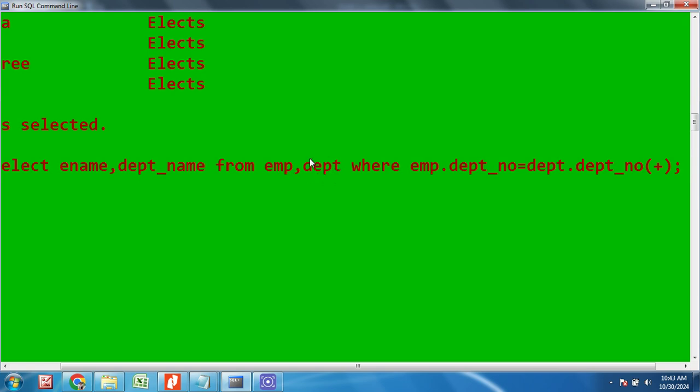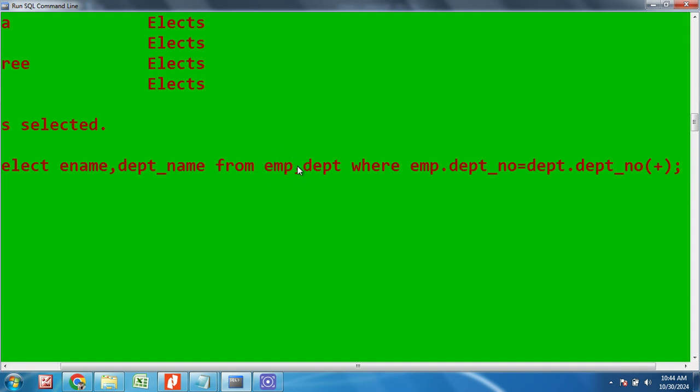This is like a loop inside a loop, an inner loop and an outer loop. Actually, a do while loop is practically implemented in join. In left outer join it shows the matching values, but it will also show the non-matching values from the left table, from the EMP table.